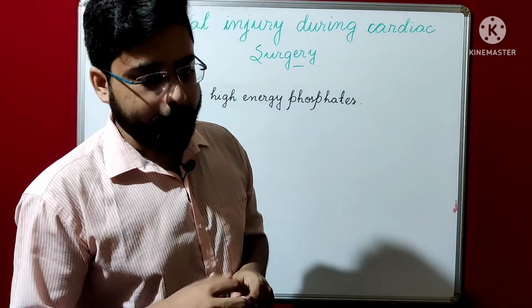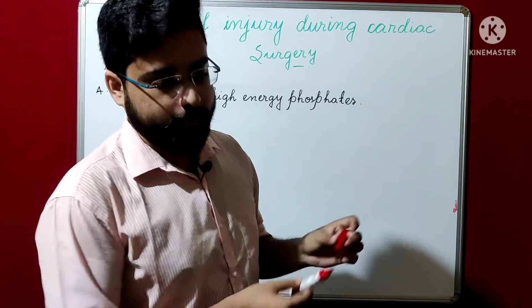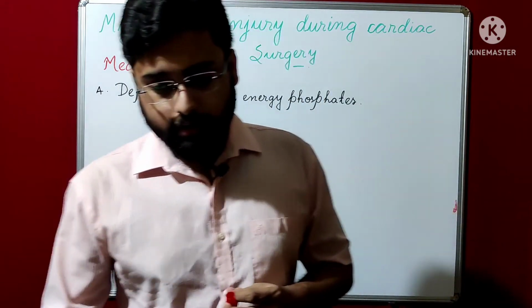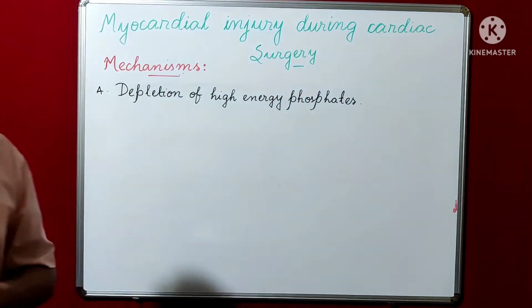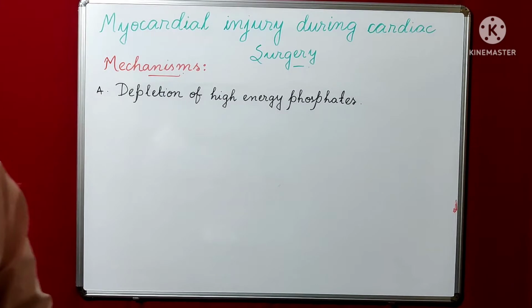But due to reperfusion, as these products are washed out, it prohibits the rapid conversion to ATP, and thus both ischemia and reperfusion cause depletion of high energy phosphate level and cause injury to myocardium.